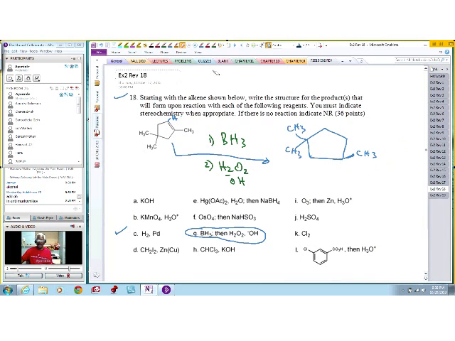And therefore we have this here, anti-Markovnikov addition, so the OH will come here. And what it also does, it is a cis addition. It adds the hydrogen and the OH. It's a cis addition. Okay, it's an anti-Markovnikov reagent.